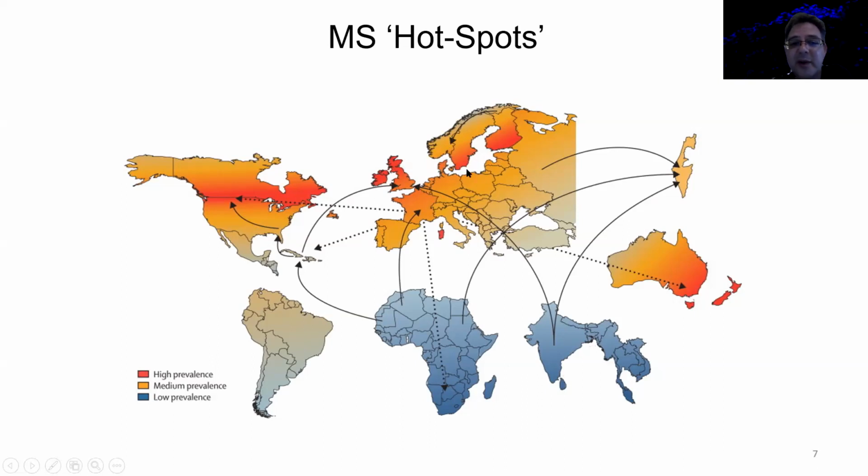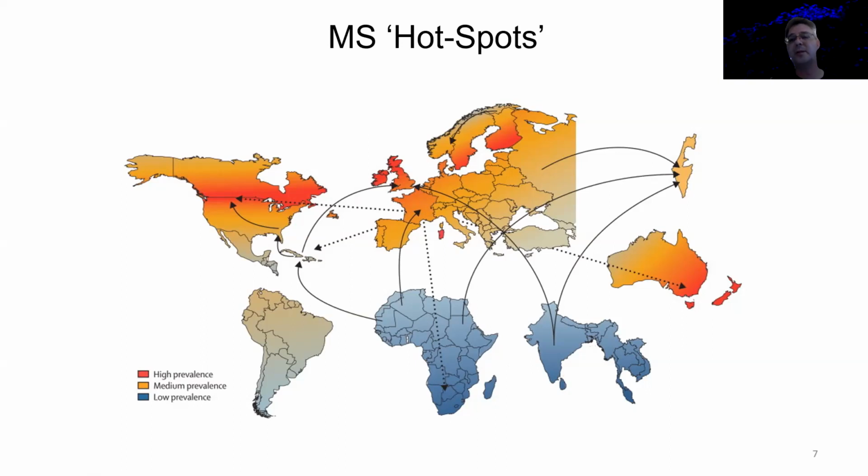Also some of the Scandinavian countries, and in particular, what we can classically see is that North America has a really high prevalence of MS. In some areas in the US, we see increased numbers. In fact, the US has released recent epidemiological data, which clearly shows that over 900,000 cases of MS have been reported in North America.